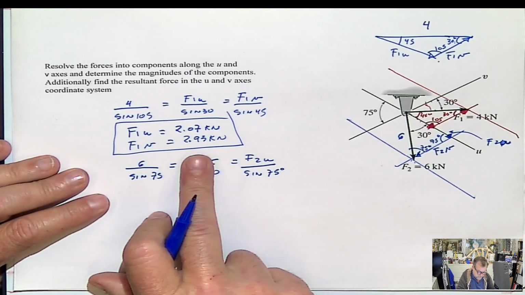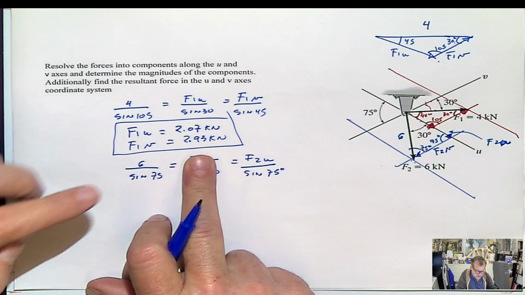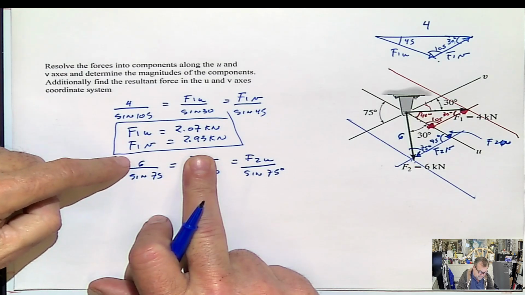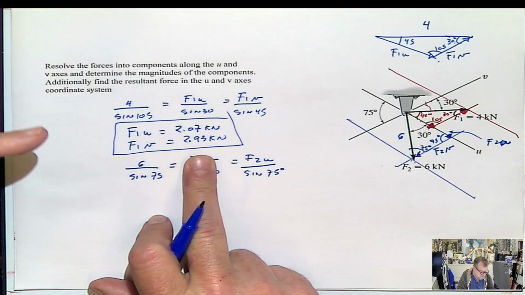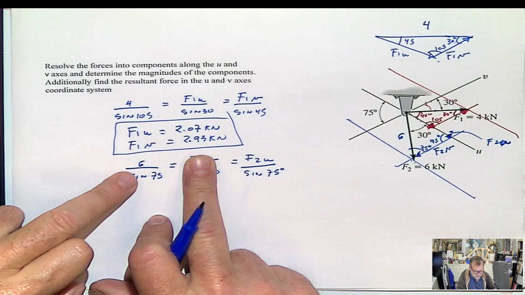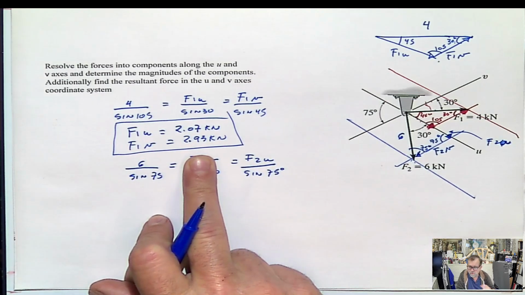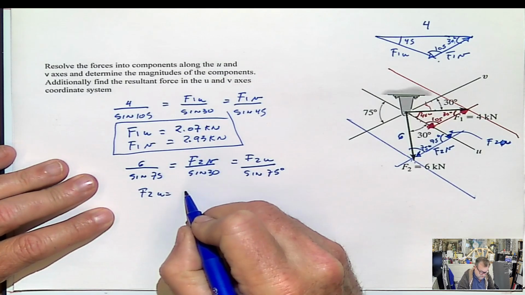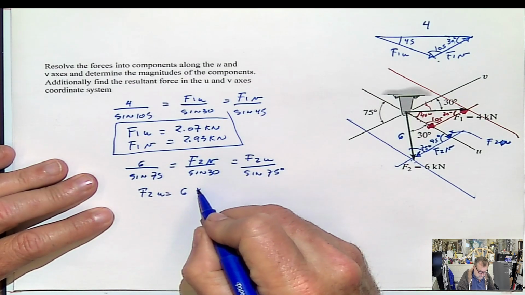Once again, if I use these two, I can calculate F2U, but F2U, you see, is going to be 6. There's nothing to do here because 6 divided by sine 75 equals F2U divided by sine 75, so F2U is going to be 6 kilonewton.